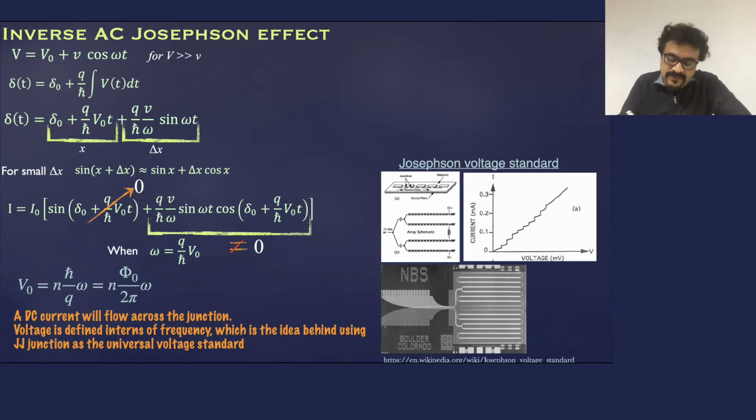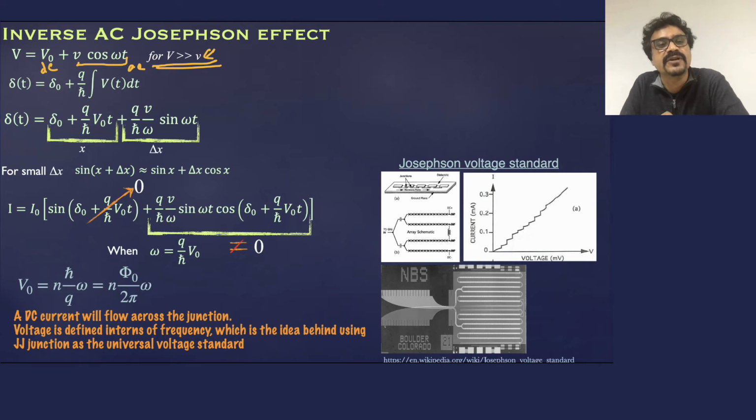You have V0, that is your DC term, and this is your AC term. But the condition here is the DC voltage is far more in magnitude compared to the amplitude of the AC voltage.